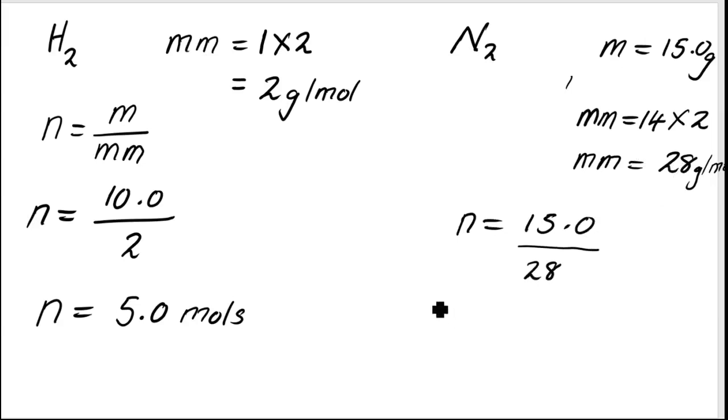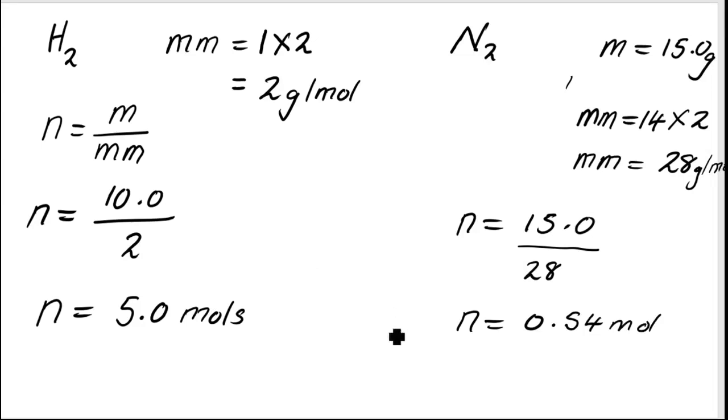When we divide 15 by 28, that gives us 0.54 moles. So that is the number of moles of nitrogen. Now that we've calculated the number of moles, what are we supposed to do?